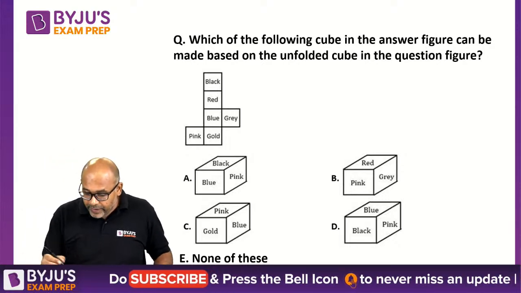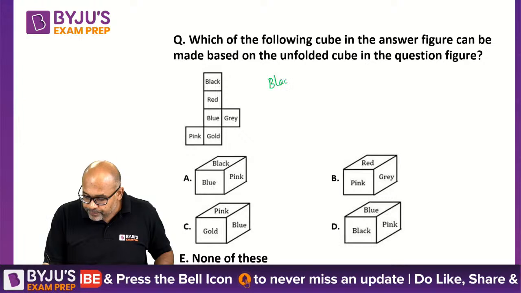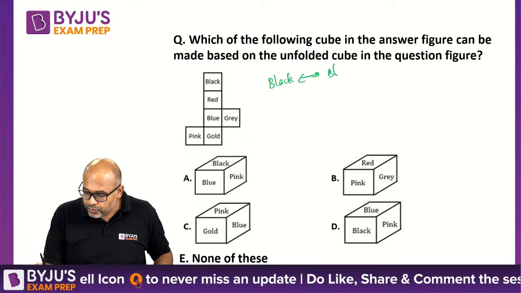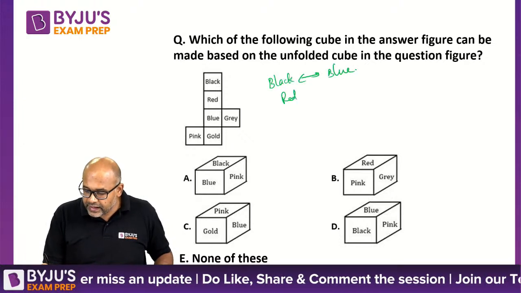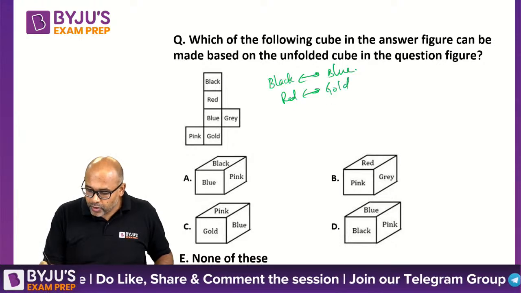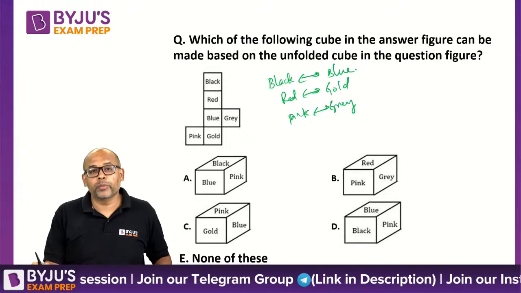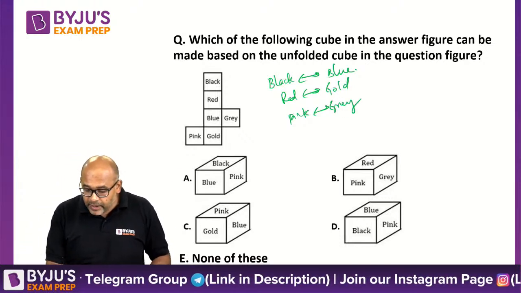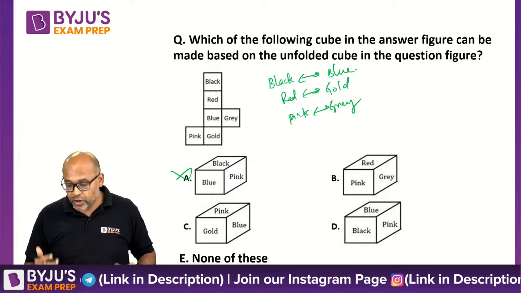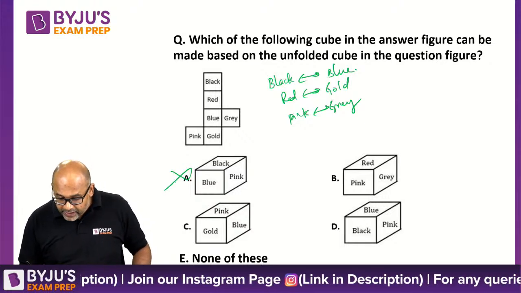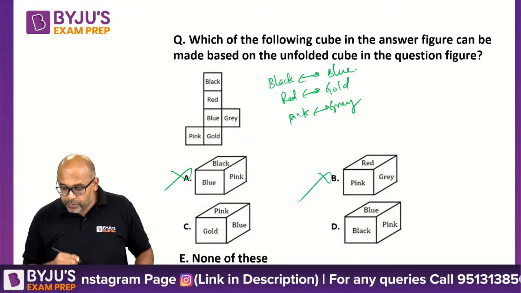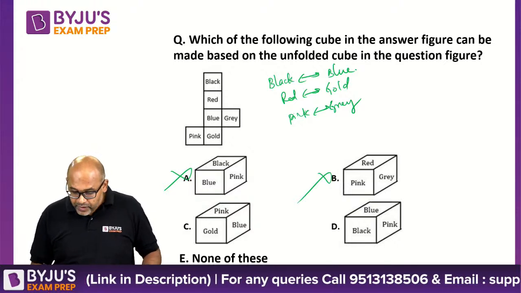Okay, so what is happening here? So black and blue are opposite. Red and gold are opposite. Pink and grey are opposite. So just take a look: black and blue cannot be next to each other because they are opposite. Pink and grey cannot be next to each other because they are opposite.